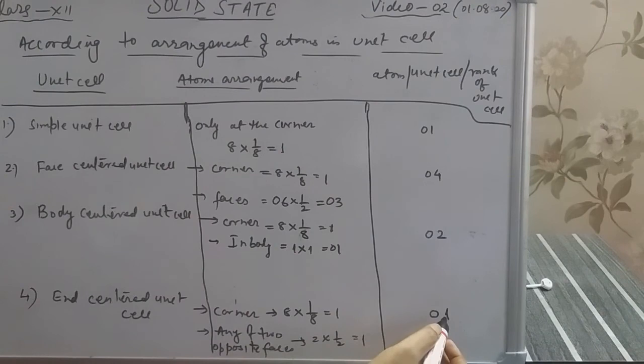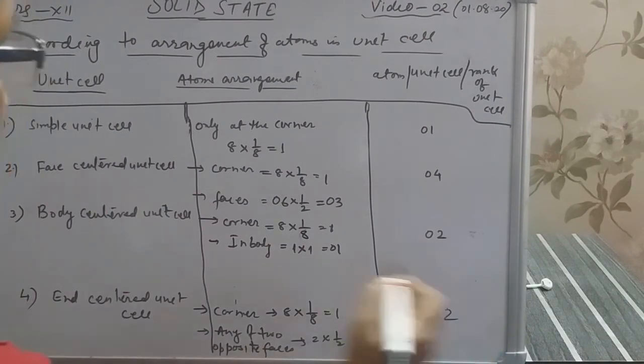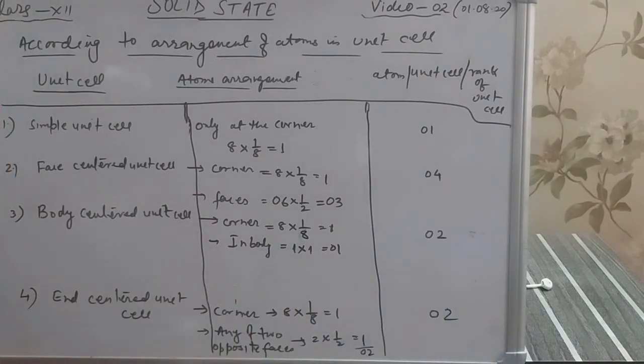So the total number of atoms is 1 and 1, 2, so it comes to 2. So in this way you can easily find out the rank of the unit cell present in simple, face, body center and end center.